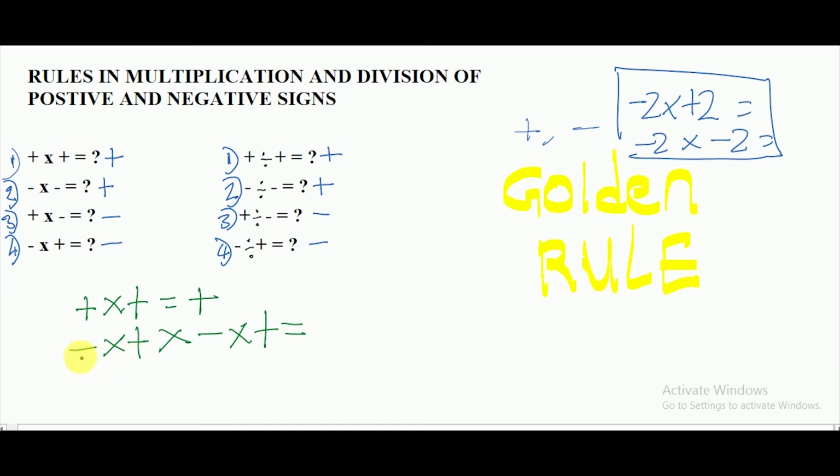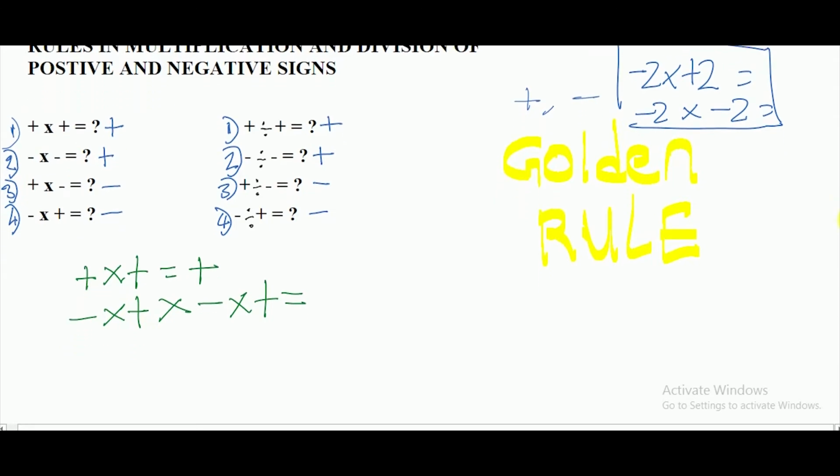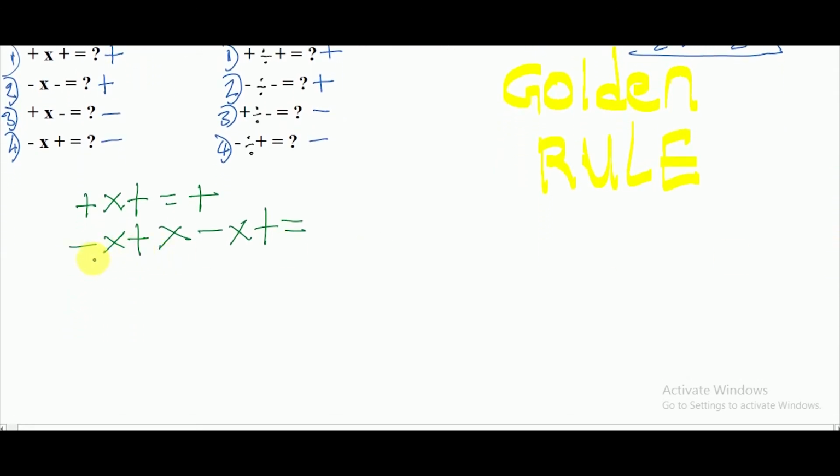Let me break it down so that we'll all get this together. This times this will give us what? Can someone tell me? Yes, negative. That is, this one gave us this, so this is minus.